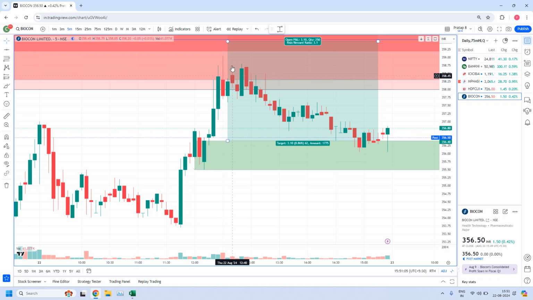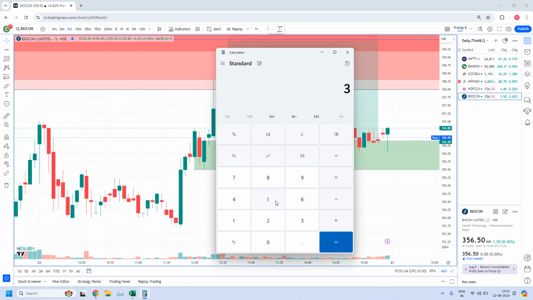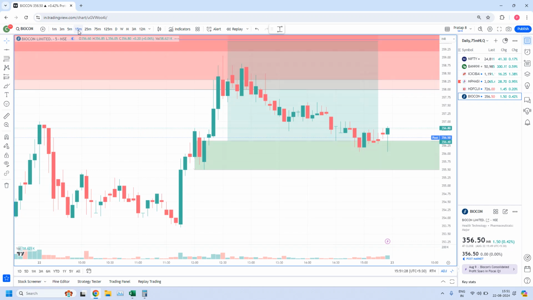But otherwise, suppose till this area, with a small entry buffer, if you would have taken a trade, at what price? At 359 rupees, you would have taken a trade. So 359 minus, what is the target?